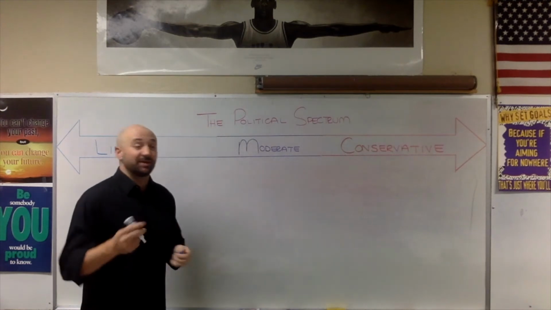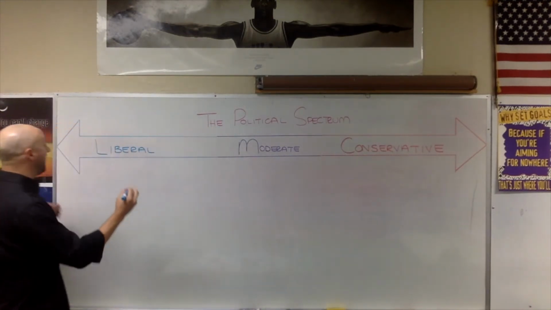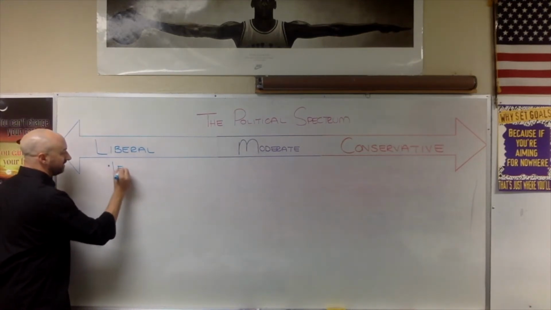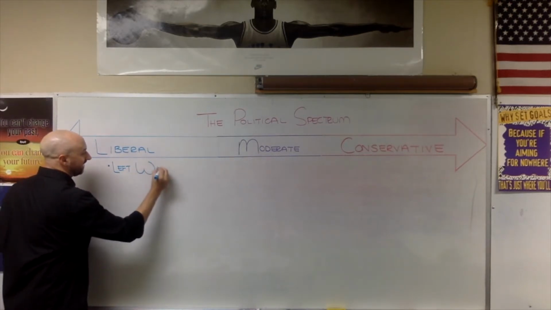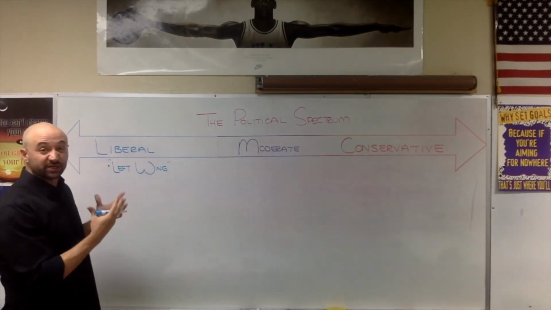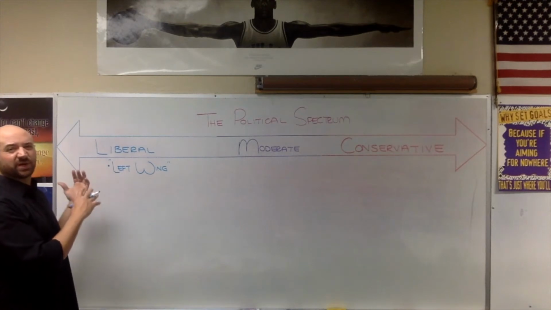That's a name for them. People who are liberal are often referred to as left wing. That means they are on the left side of the political spectrum. They are over here. As far as you go this way, that means the more and more you go this way, the more liberal you get.